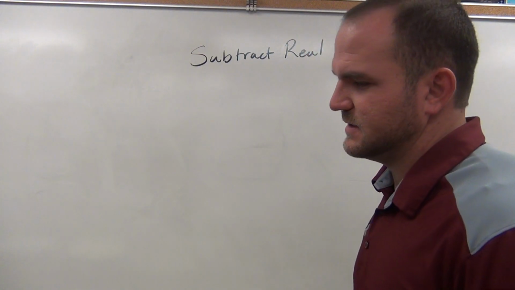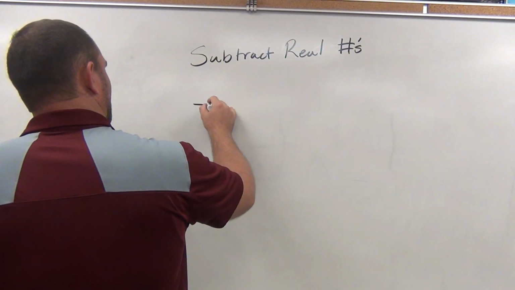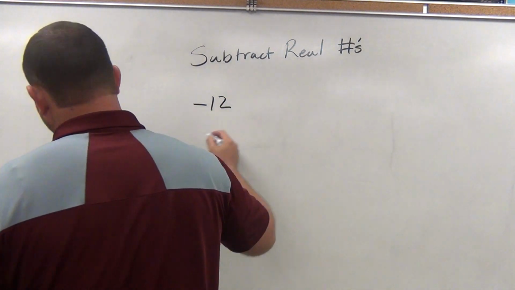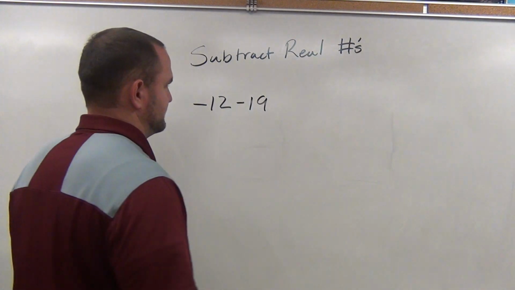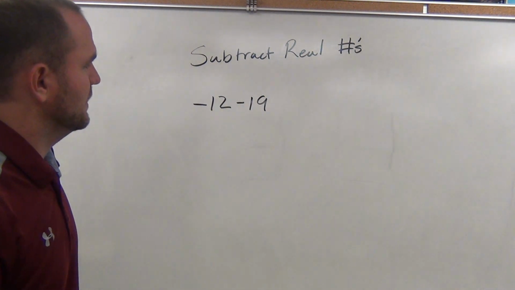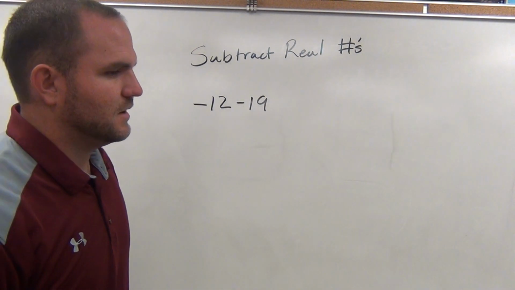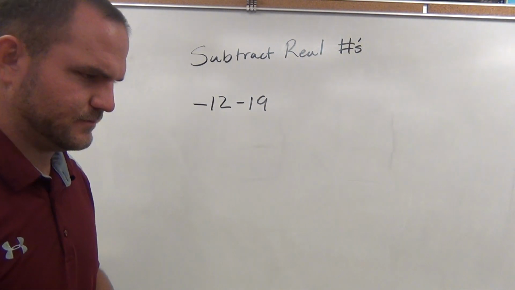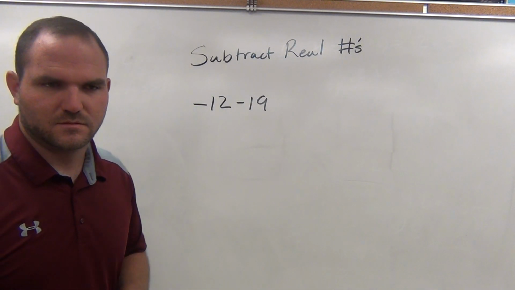Let's talk about some of these examples that I have. I'm going to put these up here on the board. So negative 12 minus 19. Okay, so negative 12 and a negative 19. This is one of those that, once again, people get really confused on.